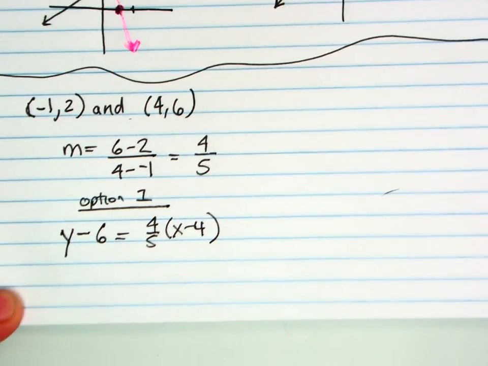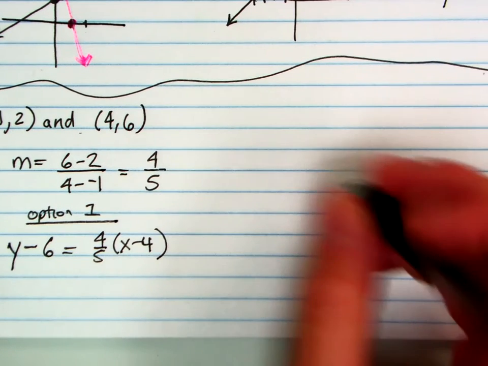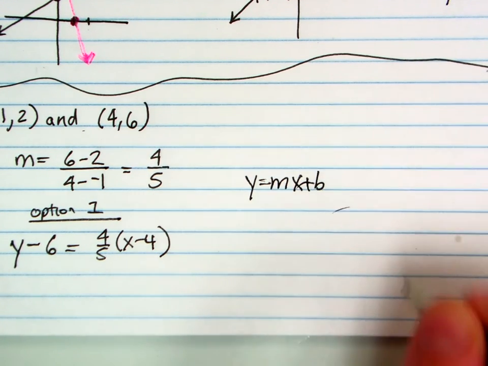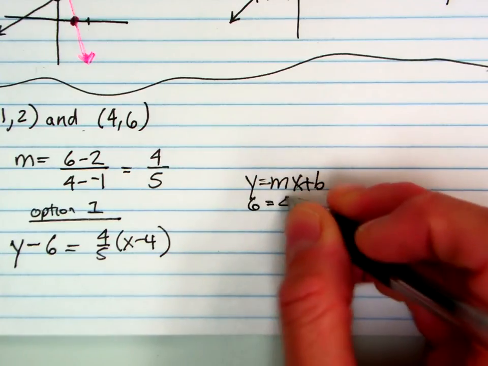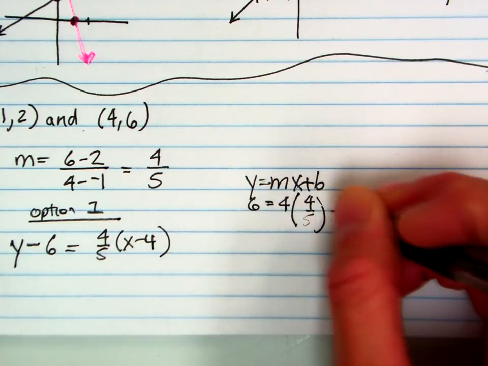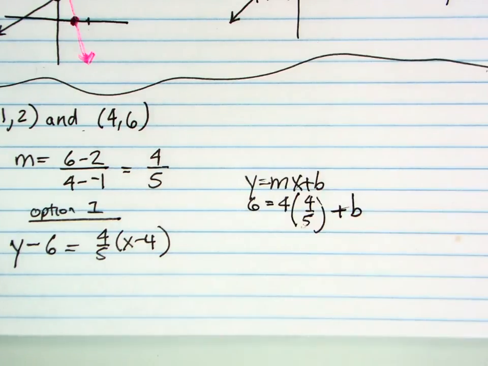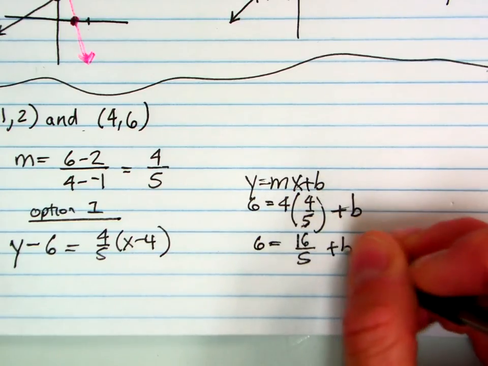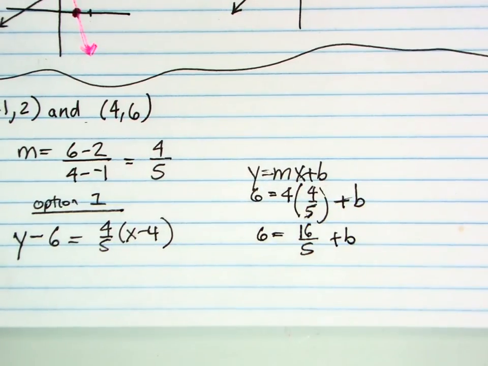To find slope-intercept form, we could say y equals mx plus b. So 6 equals 4/5 times 4 plus b. So this is 6 equals 16/5 plus b. So I have to subtract 16/5 from both sides.